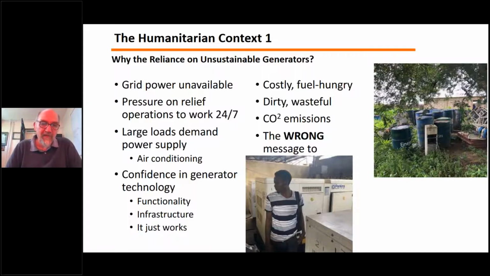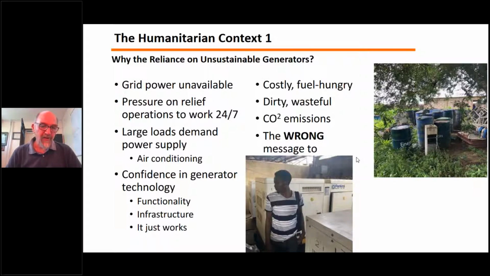They need that electricity 24/7, and that's not necessarily true in the development context. The next major point is they often have large loads. You'll find a UNHCR office or a hospital with air conditioning, and a small solar system can't supply that power. So, well, it couldn't until recently. So they'll say, no, we're going to go with our genset.